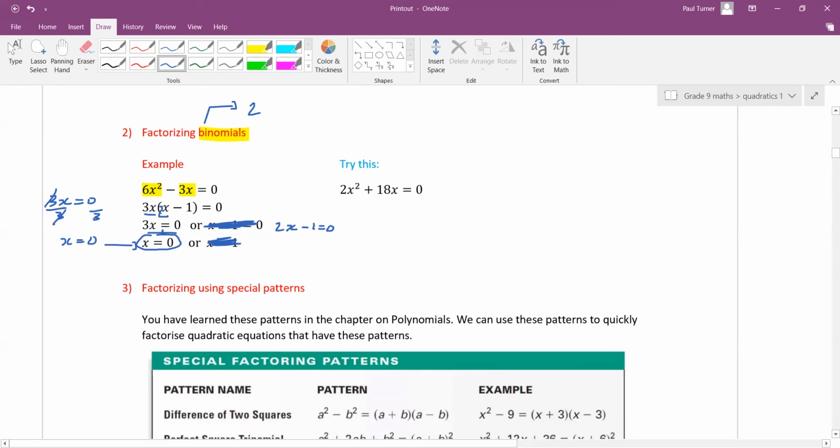That's this one here, 0 over 3 is 0. In this one, 2x minus 1 equals 0. 2x equals 1. X equals 1/2. Like that. Okay, so I missed a 2 in here. You can put a 2 in there, and this would be your factor equals 0, and then we solve it.